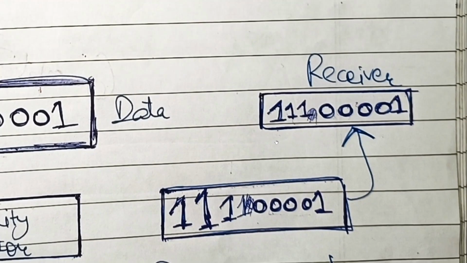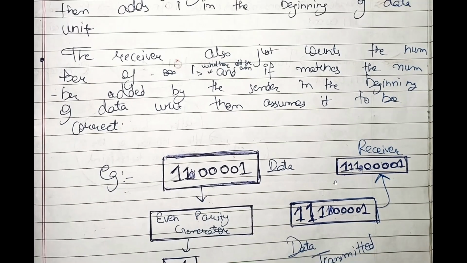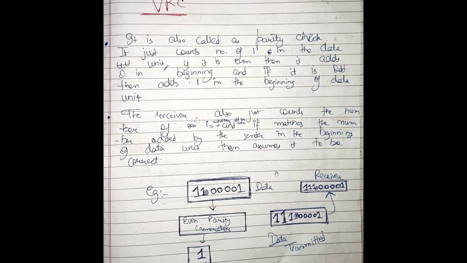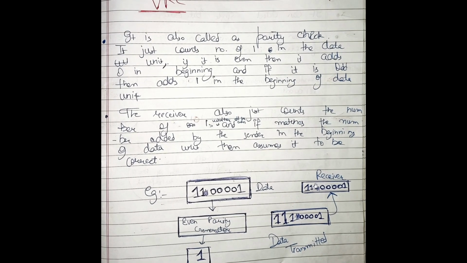So simply, vertical redundancy check says that if the number of ones is odd in the data unit, then I'll be adding 1 in the beginning of the data unit while transmitting. However, if there is an even number of ones in the data unit, then a 0 will be added in the beginning of the data unit while transmission. This is basically what it says.